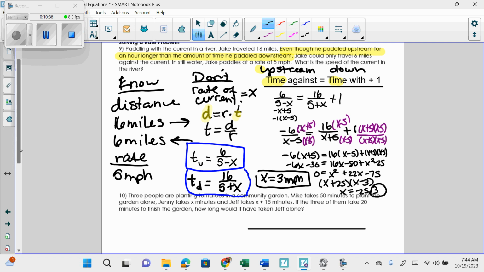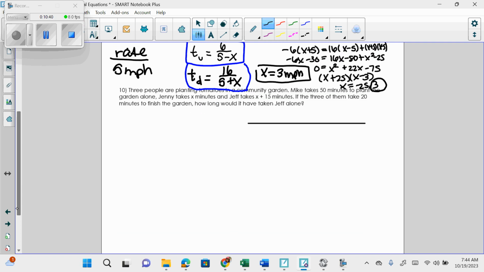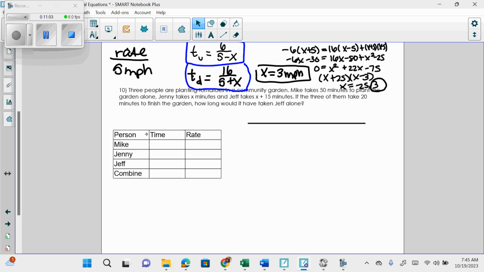This example is a little bit harder to determine, but again, we're talking about the rate at which we're doing something. This time, though, we're not talking about distance and speed. This time we're talking about the amount of time it takes to, in this case, plant a garden. So for problems like these, I think it's a lot easier to organize your information in a table.